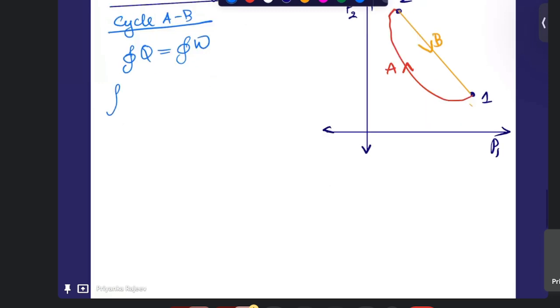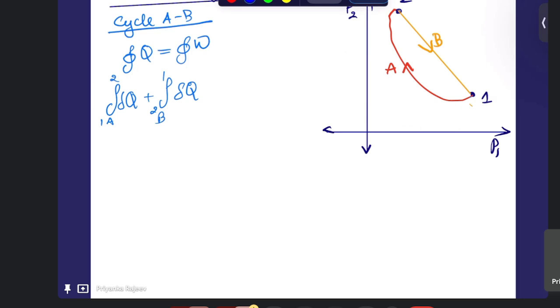Cyclic integral can be written as, over path A from 1 to 2, delta Q, then over path B from 2 to 1, delta Q. So from 1 to 2, this delta Q I am calculating.